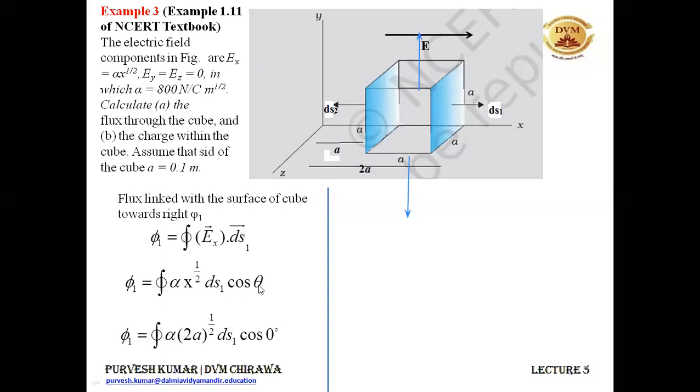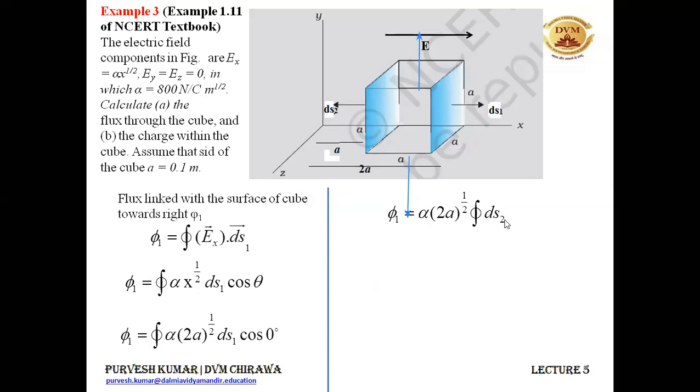And the angle was 0. So cos 0 is 1. So we can easily be writing it like this, that alpha (2a)^(1/2) can be taken out of the integration, because these are the constants, and we need to integrate the ds1 vector. It should be ds1.